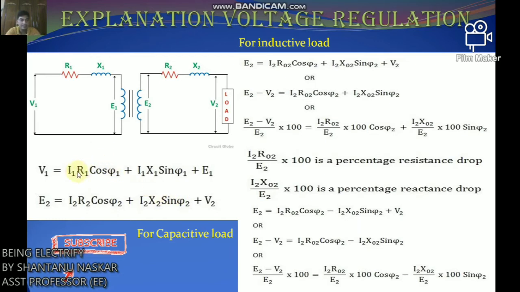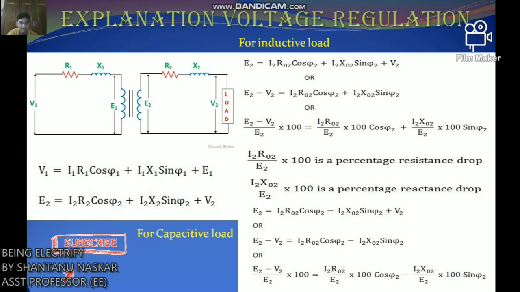So this is resistance and this is reactance, 1 for primary, 2 for secondary. Now for inductive load, E2 equals I2 R02 cos phi 2 plus I2 X02 sin phi 2 plus V2, and we can say E2 minus V2 equals I2 R02 cos phi 2 plus I2 X02 sin phi 2.